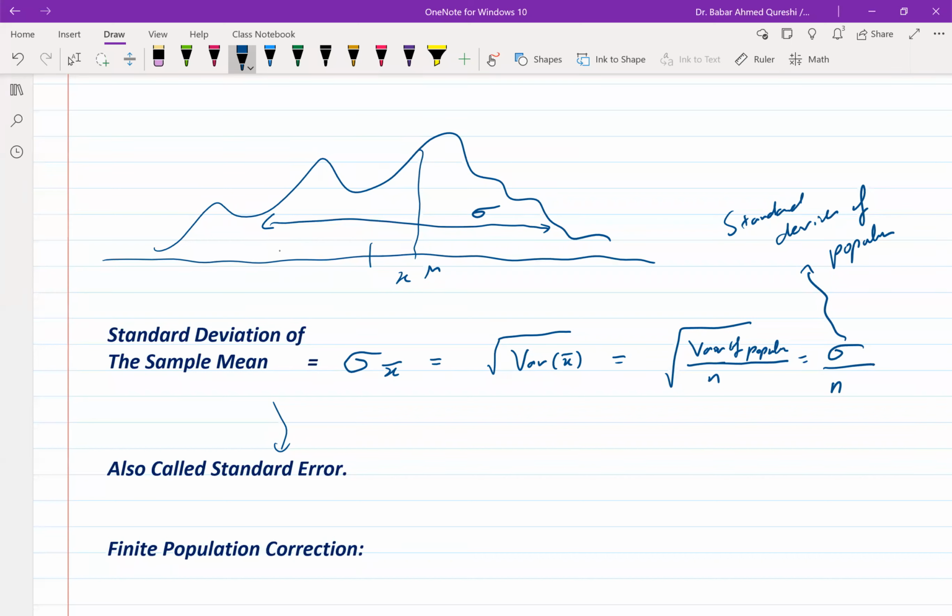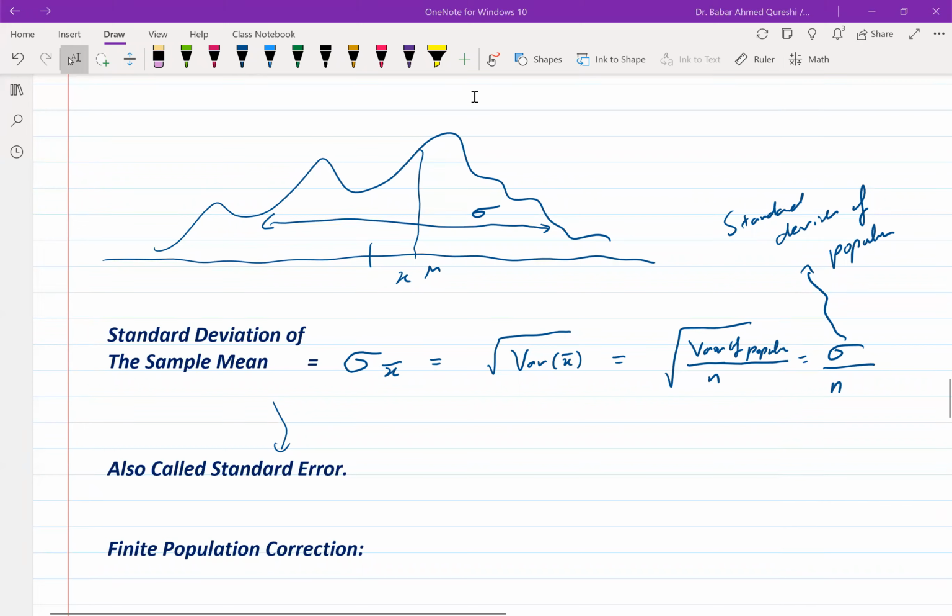So what it says is that you will not get the mean when you pick a random sample. You can hit the mean, but not necessarily. You will be somewhere around the mean. And you expect a certain amount of error in where you will land. And that is quantified, how big an error you expect, by this standard deviation. So that's why you call it the standard error as well.